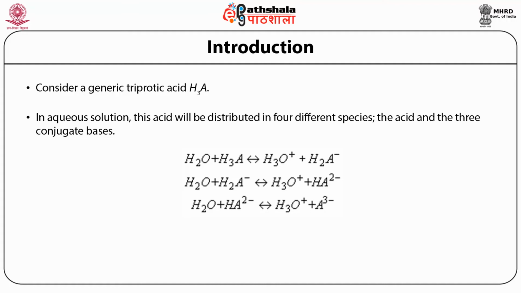So you can see here the acid is one, as given above. H3O plus is the acid, and it is forming three different conjugate bases. What are the three conjugate bases? These are the H2A minus anion, the HA2 minus anion and the A3 minus anion.